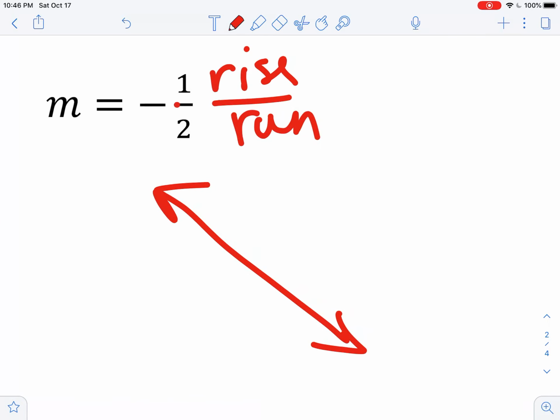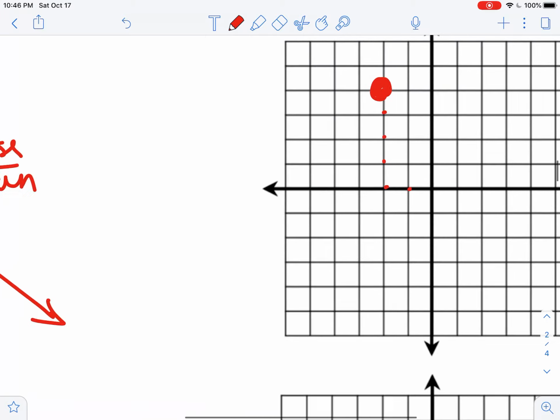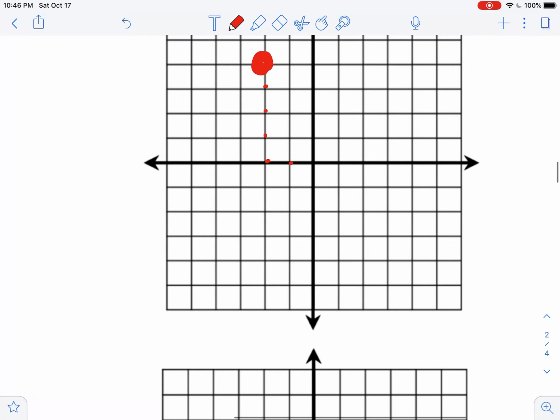So again, notice how this negative sign is on the outside. That means it can either be applied to the top or it can be applied to the bottom. It just can't be applied to both. So let's go ahead and let's take it down 1 first. How about that? Let's take it down 1 over 2. Down 1 over 2.